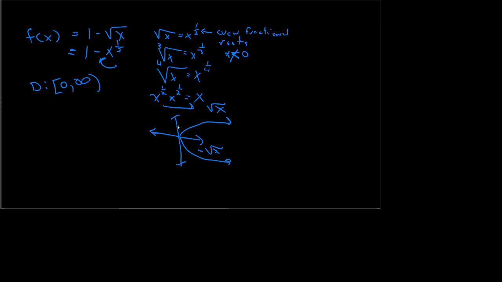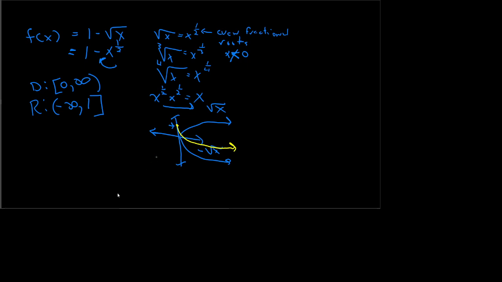So my actual function is going to look like this. And if I look at the y values I can possibly have, well, this will go all the way down to negative infinity. So my range will come up from negative infinity, and it'll peak and stay at 1. And that should be the range I have for the function.